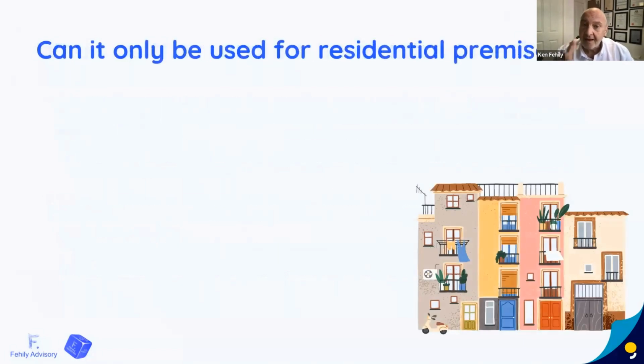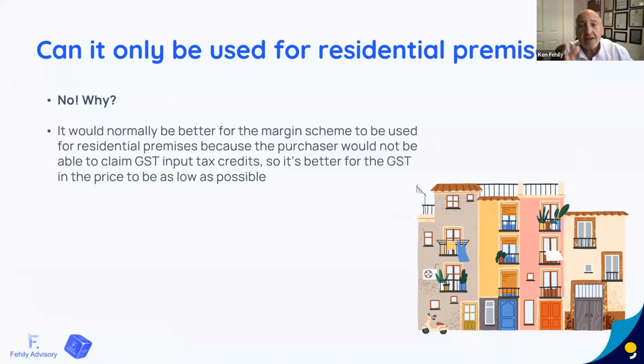However, can it only be used for residential premises? Good question. Of course, it's a good question. I asked it. But the answer is no. It actually can be used for any premises. So, for example, I might buy a home and I want tax to be less. What if I actually want to buy a residential unit to store my boat?